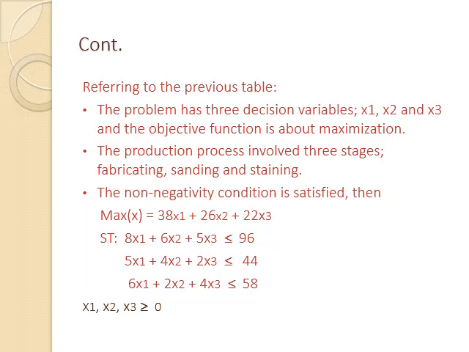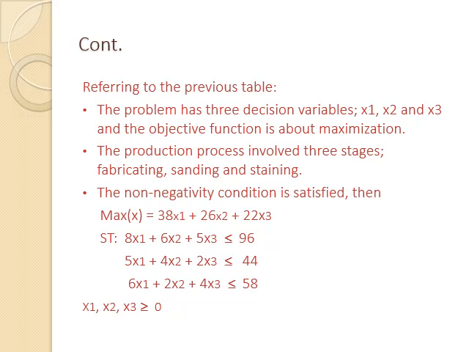96 is the available time for fabricating. 44 hours is the available time for sanding, and 58 hours is the available time for staining. The company has to produce or not to produce.